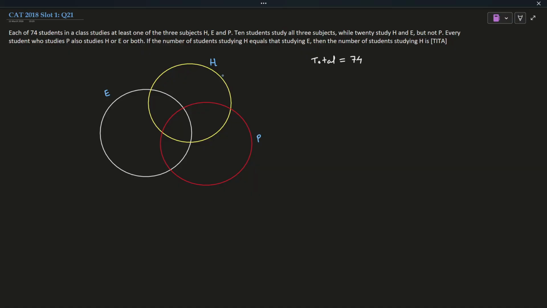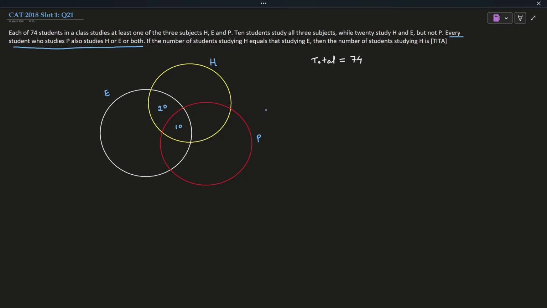Now this region will be 10. This region includes E, H and P. This will be 20, right? Because we are told that 20 students study H and E but not P. Every student who studies P also studies H or E or both. That means there are no students who study only P. Please listen to what I am saying, guys.